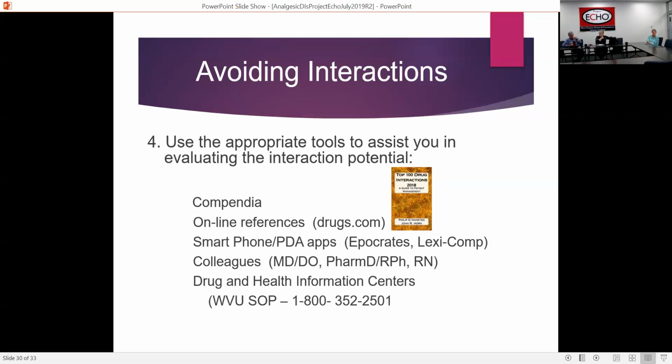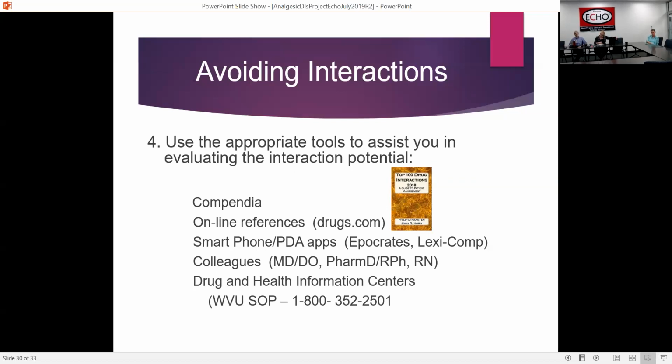But if you want a hard copy reference, that's one option. There are others. You have drugs.com on the internet. You have the smartphone apps. Don't forget your colleagues, the pharmacy, physician, nurse colleagues, who can give you insight into potential drug-drug interactions.